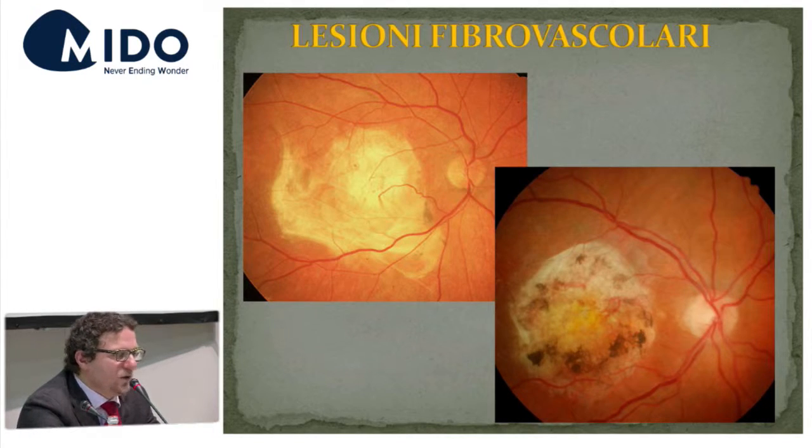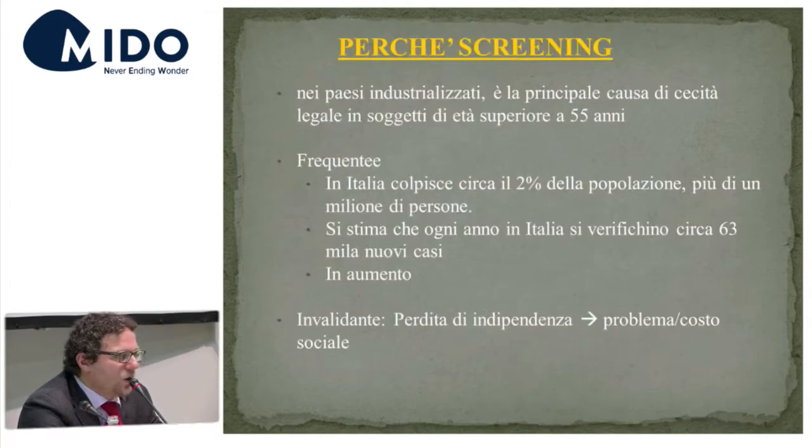In evolved neovascular forms, we have scar tissue that invades the posterior pole macular region. Such patients don't see so well, and they need visual rehabilitation. Why screening? Because it's a highly frequent disease.